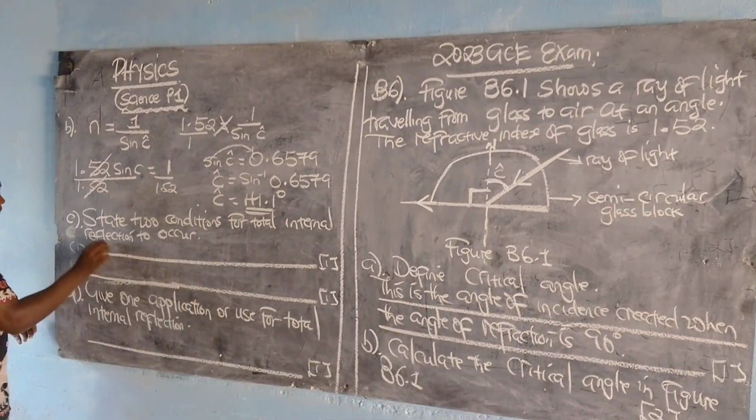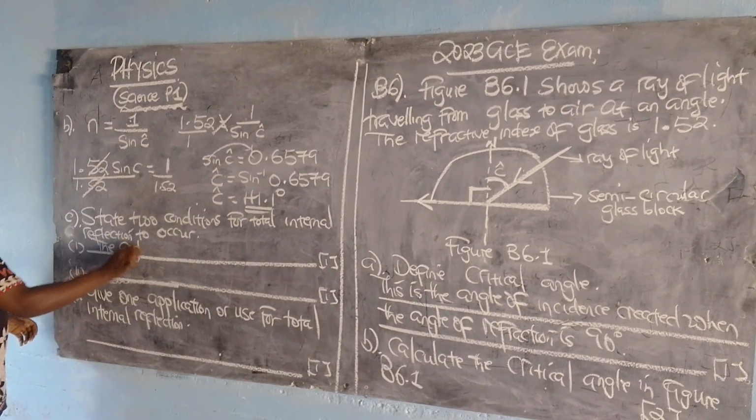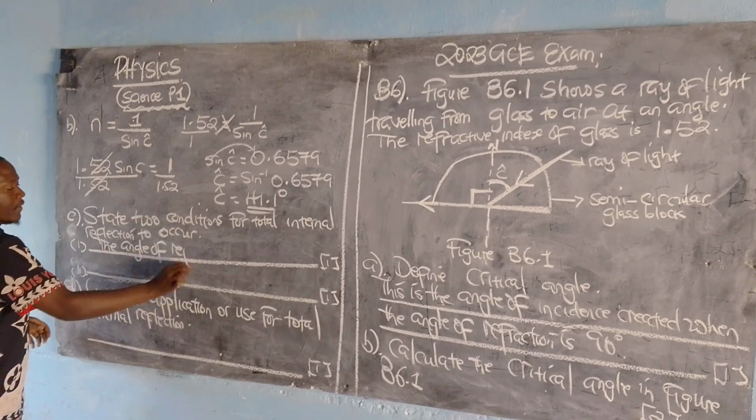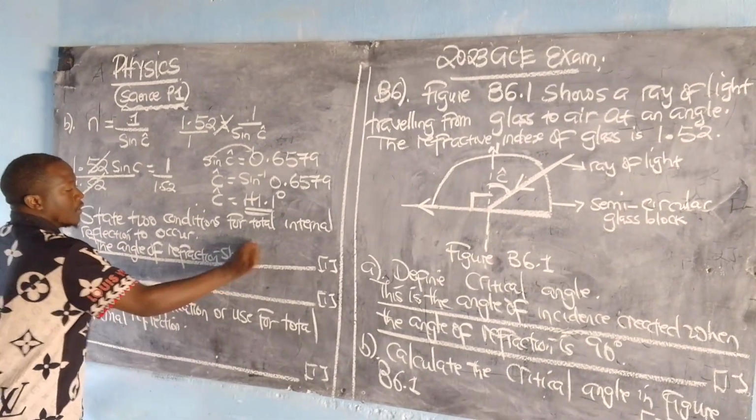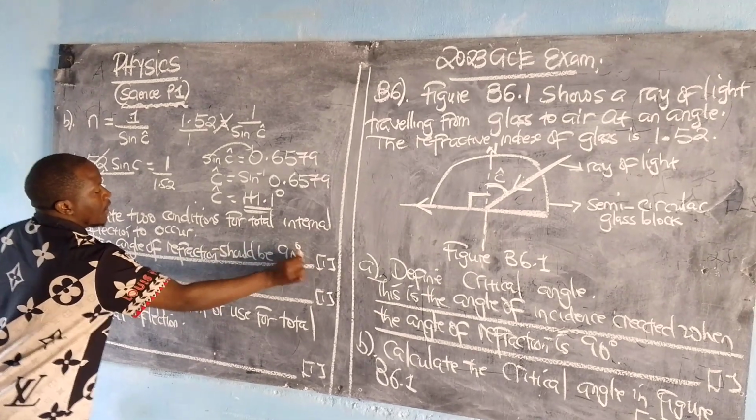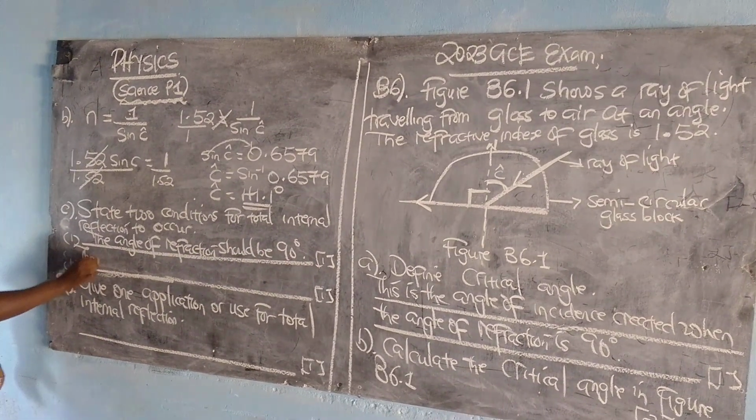So we're going to say the angle of refraction should be 90 degrees.